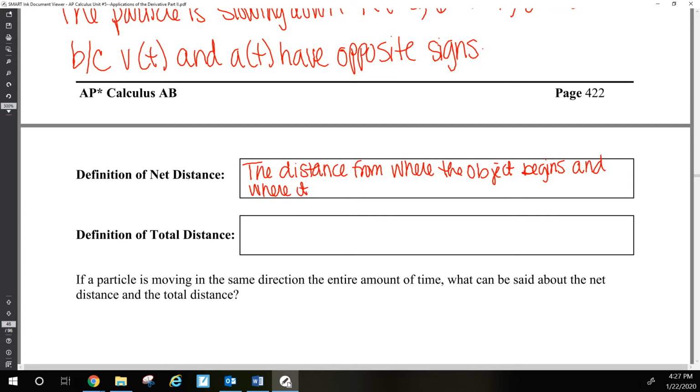That is our net distance. What about total distance? This is the sum of all distances moved in any direction.